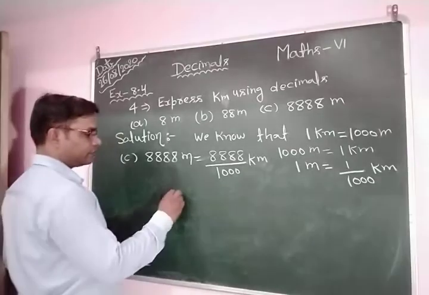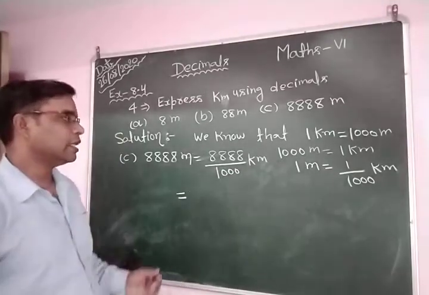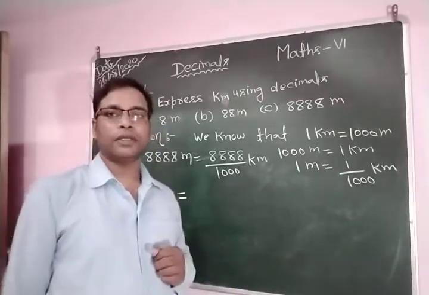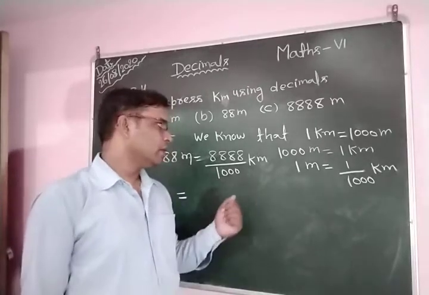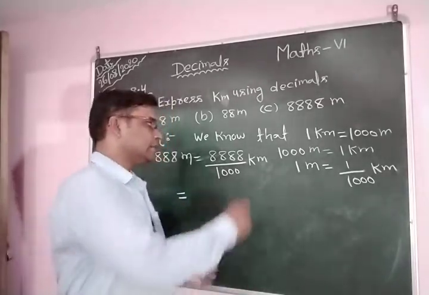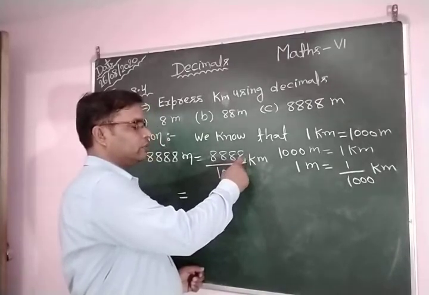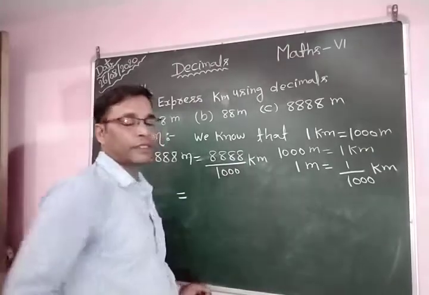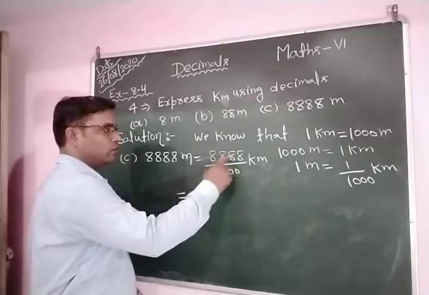Here you can see the denominator has 3 zeros, so the decimal moves 3 digits from right to left. The decimal position is after the last digit, and we move it 3 digits.